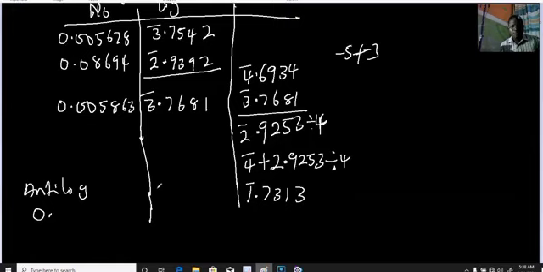So you remove that 1. So you say that if it is in your calculator you are doing it, so the antilog of 0.7313, so you will have 5.